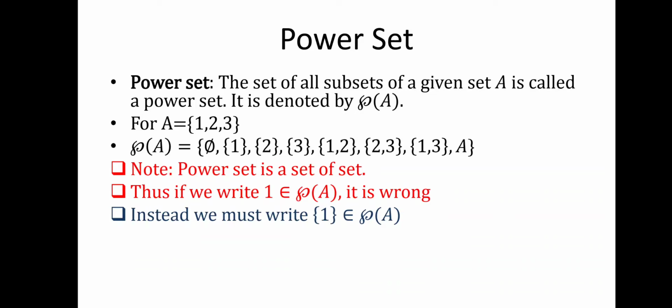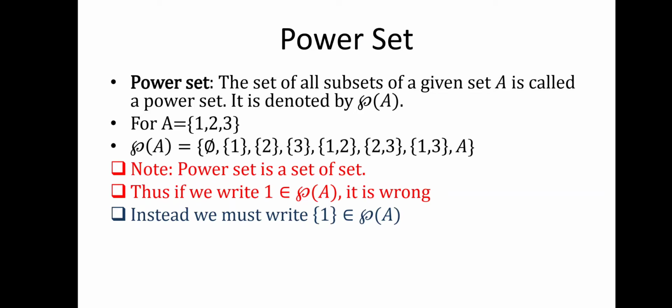So do understand this very carefully. It can be a little confusing, but do understand carefully that power set is a set of sets. So all the elements of a power set are sets in themselves, and hence no normal elements can be part of it. Anything that has to be part of a power set has to be in the form of a set.